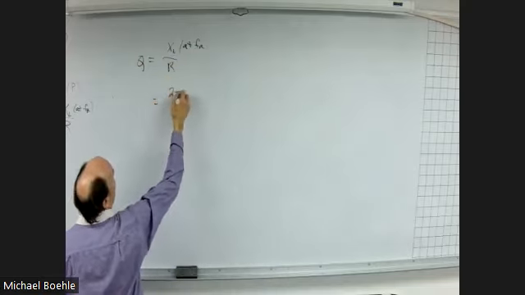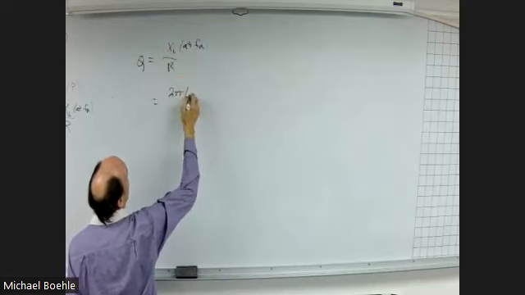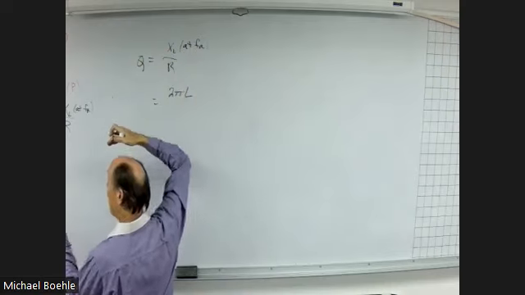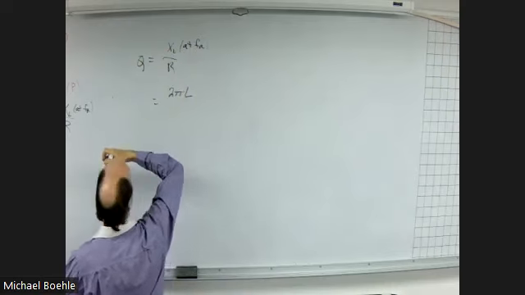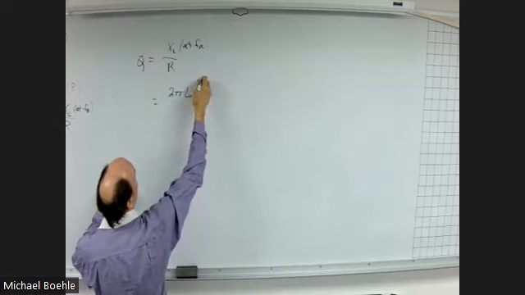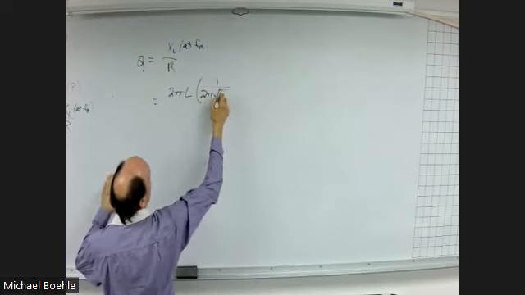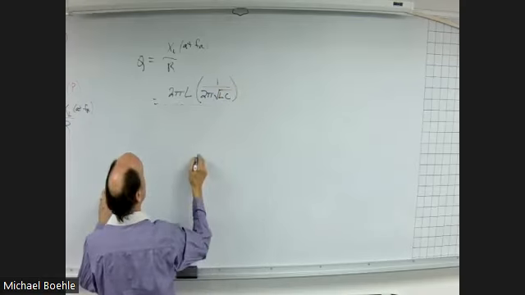We know that the inductive reactance is 2 pi frequency times inductance. Well, we have a formula for the resonant frequency, which is where we're calculating the inductive reactance. So if we plug that in, 1 over 2 pi square root LC, all divided by R.